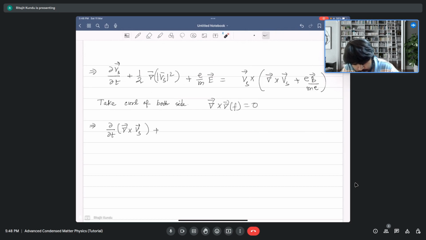So for the second term we will directly put 0 here, and then we will have E by M curl cross E. We'll use Maxwell's equation to reduce this in terms of magnetic field, but before that we will have additionally curl of Vs cross curl cross Vs plus EB times MC.